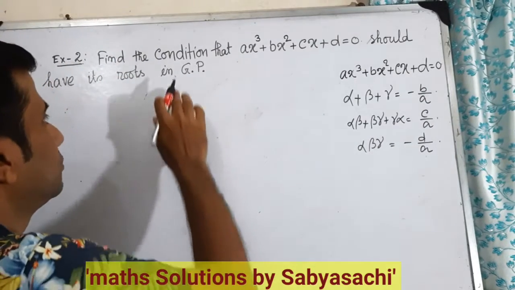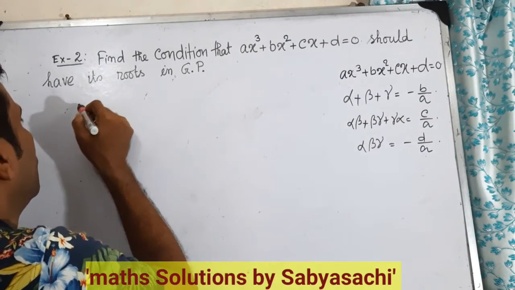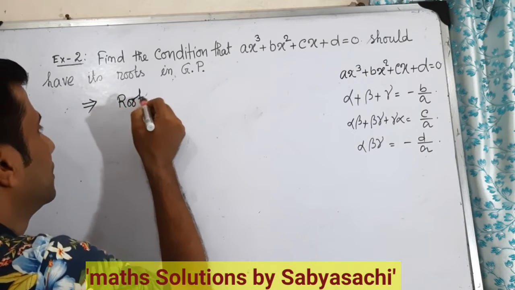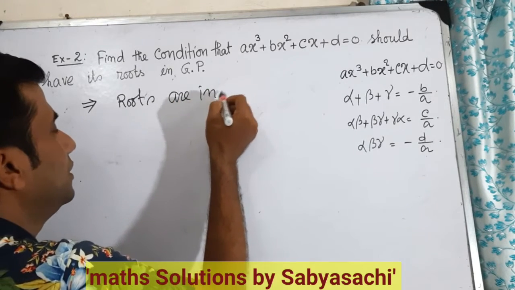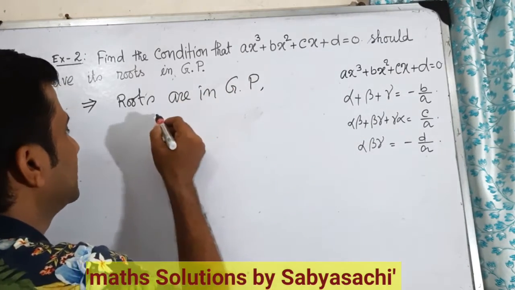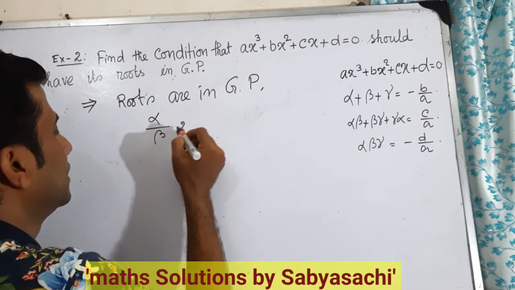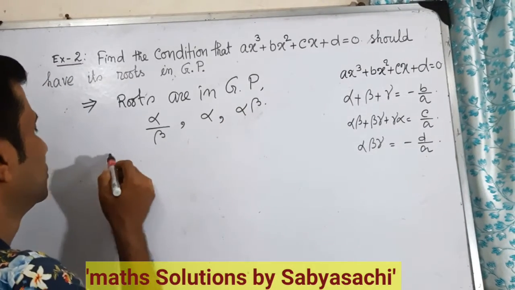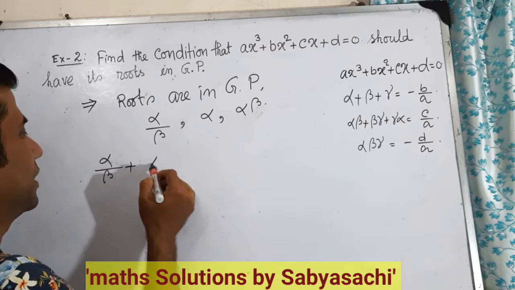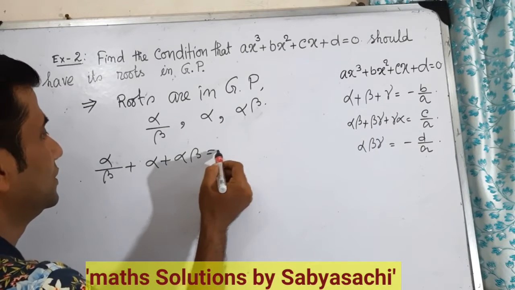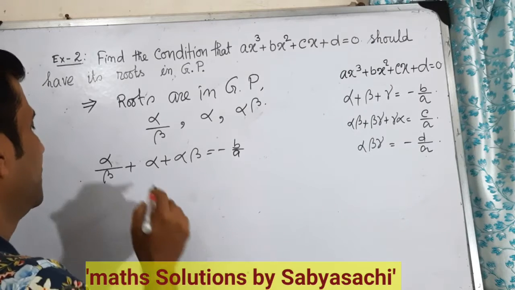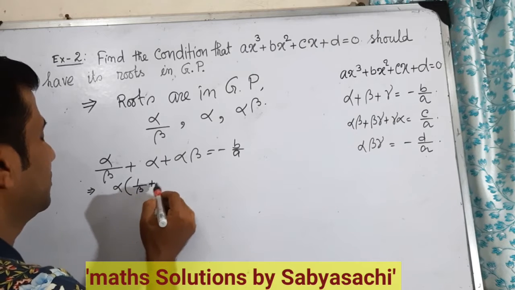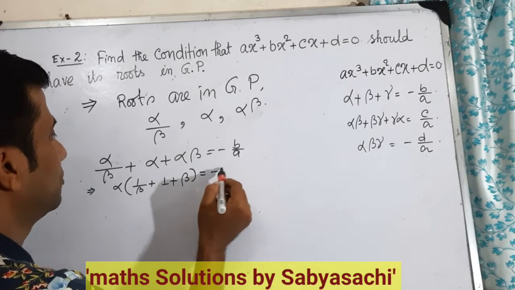Then, since the roots are in GP, we say that the roots are alpha/beta, alpha and alpha beta. Now, the sum of the roots alpha/beta + alpha + alpha beta is equal to -b/a. From here, taking alpha common, alpha(1/beta + 1 + beta) is equal to -b/a.